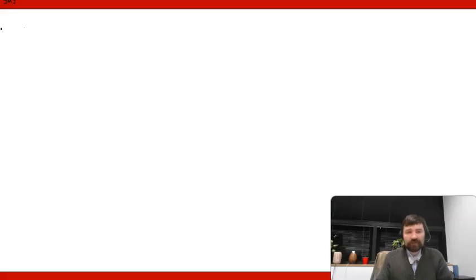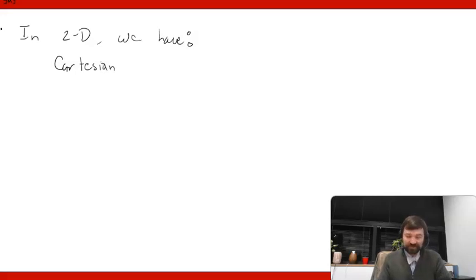So basically in 2D there's 2 options. There's Cartesian, named after René Descartes, by the way, so the C is capitalized because it's actually the guy's name. Cartesian is sometimes also called rectangular coordinates.